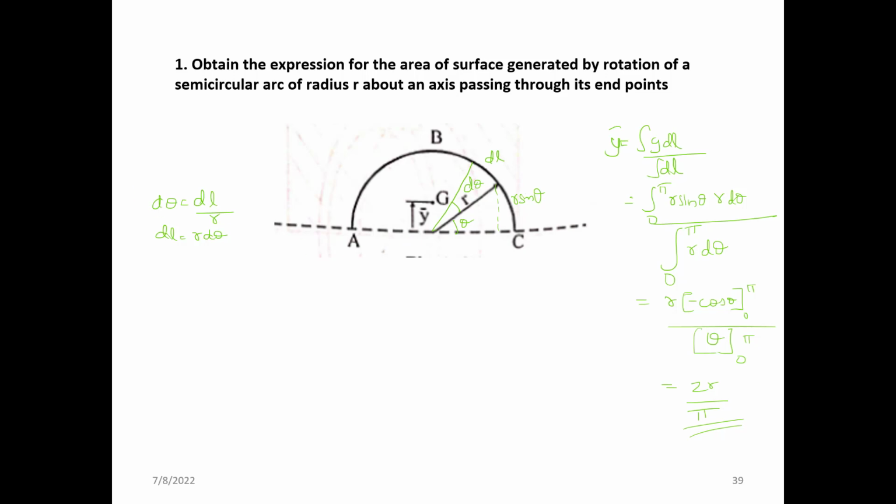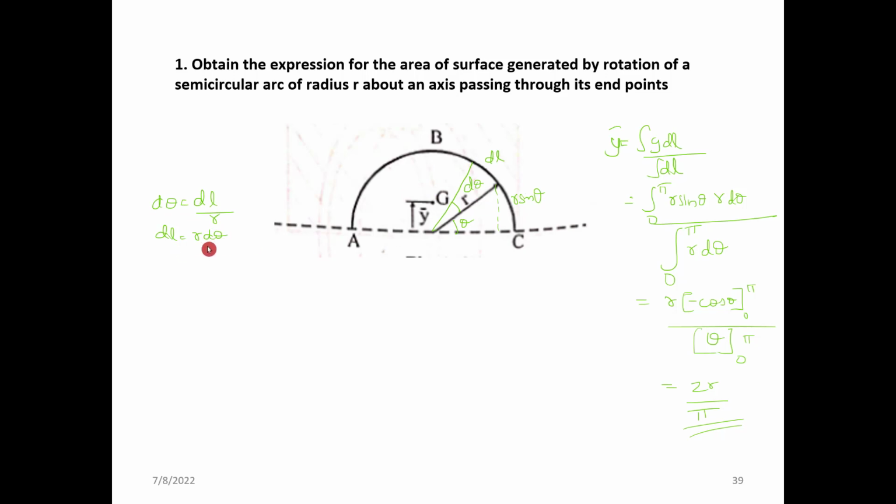To find that, we can consider this semicircular arc, let the radius be r, y bar the centroid point, and for a small angle d theta we consider a small length dl. So d theta is equal to dl by r, so dl is equal to r d theta.